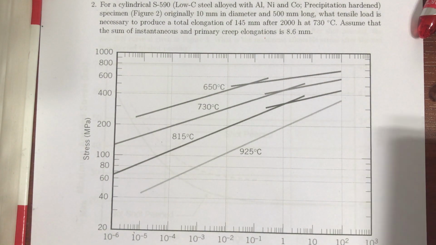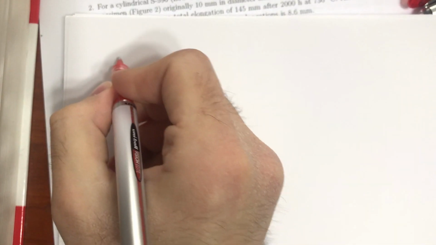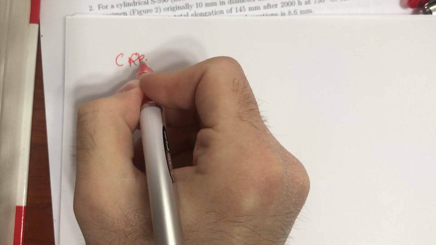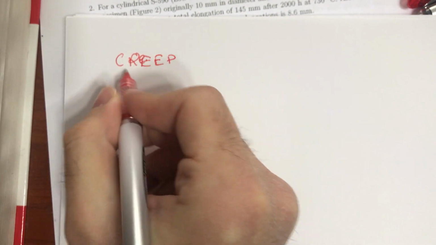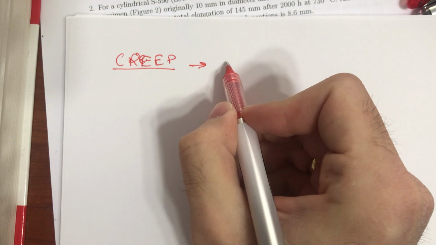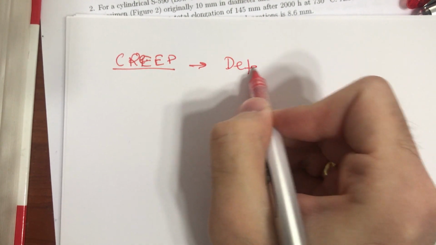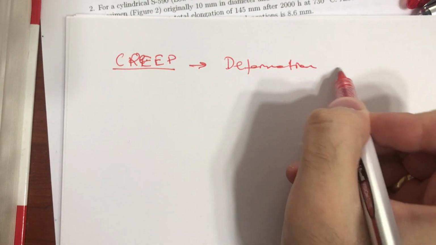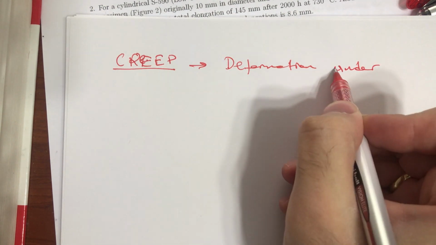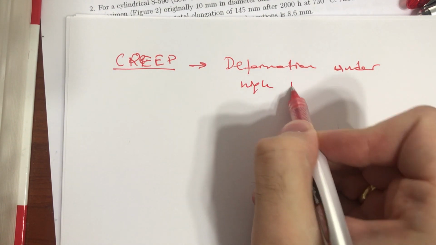Now, creep is what we observe under high temperatures. So this is a type of deformation under high temperatures.